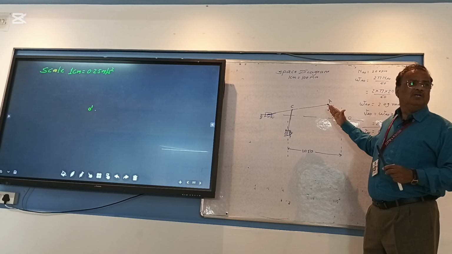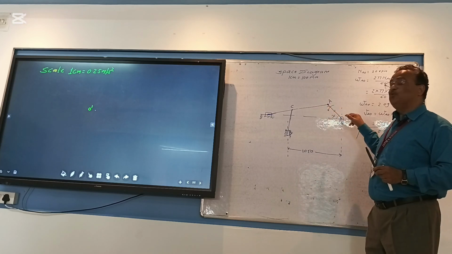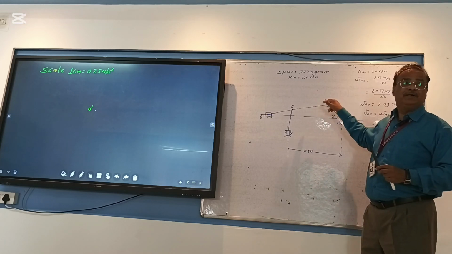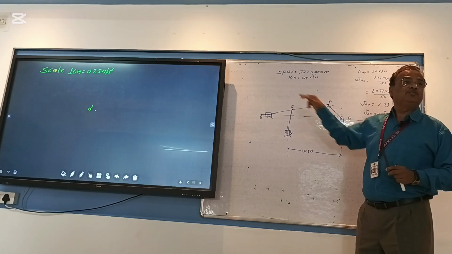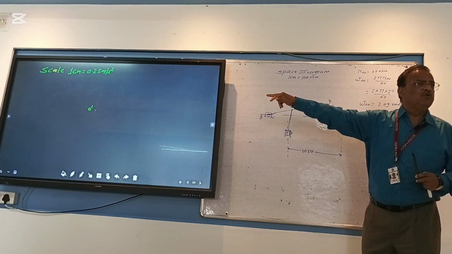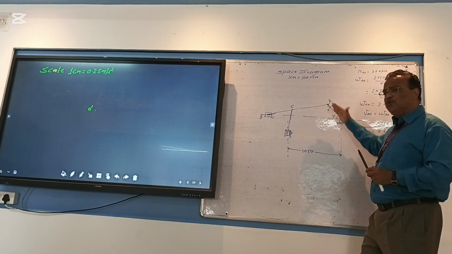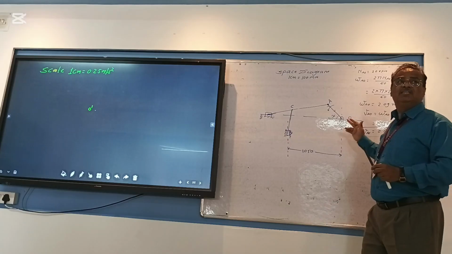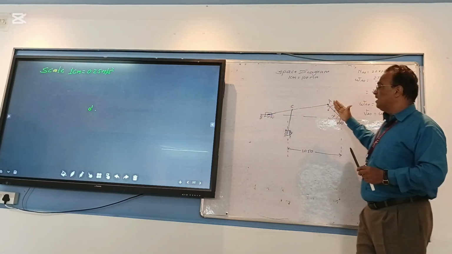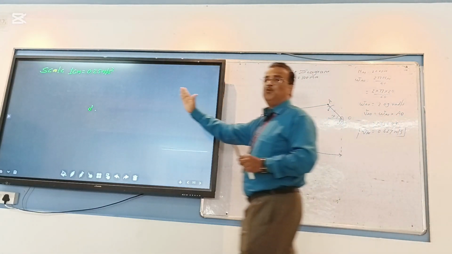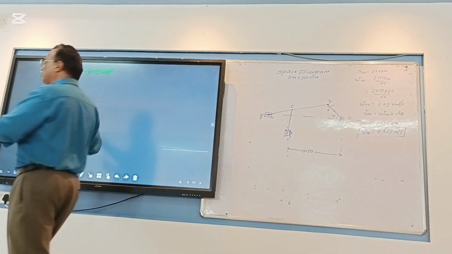Radial component is always drawn parallel to that particular link. Yes or no? From where do I have to draw the radial component of OA? Either O or A should be available. कौन available है? O. इसका मतलब जो downward radial acceleration component है, I have to draw a parallel line to OA from this O dash. Are you getting me or not?